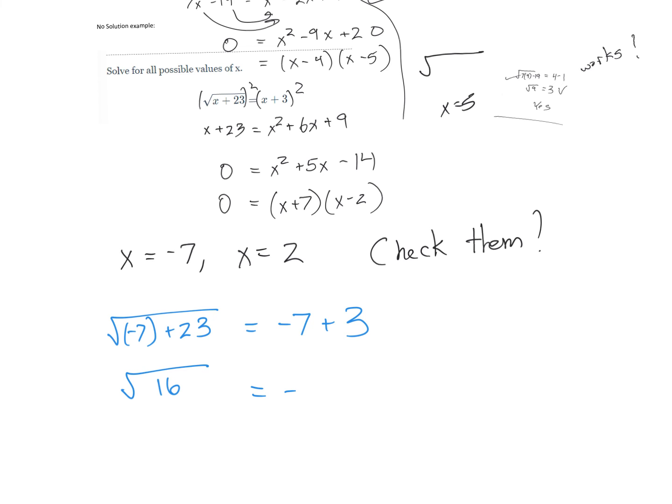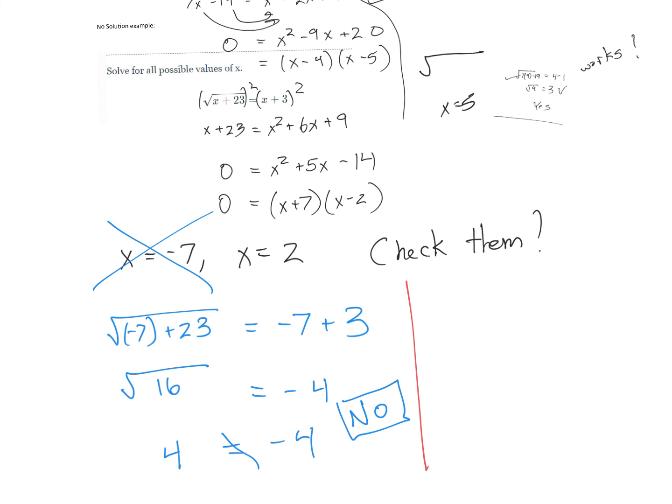On the right, we got negative 4. So we're getting closer to why this is not correct. What's the square root of 16? 4. On the right, we got negative 4. These are not the two numbers that are the same, okay? So this is not a solution.